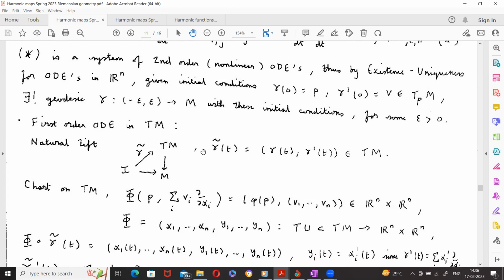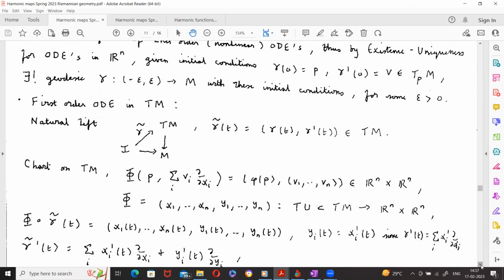So this is called the natural lift, a curve in the tangent bundle. Now, if gamma is a geodesic, then this natural lift gamma tilde will satisfy a first order ODE in the tangent bundle and vice versa. So let's see how to do that.